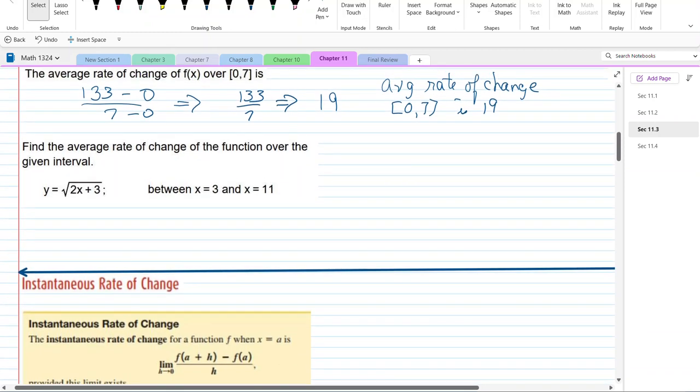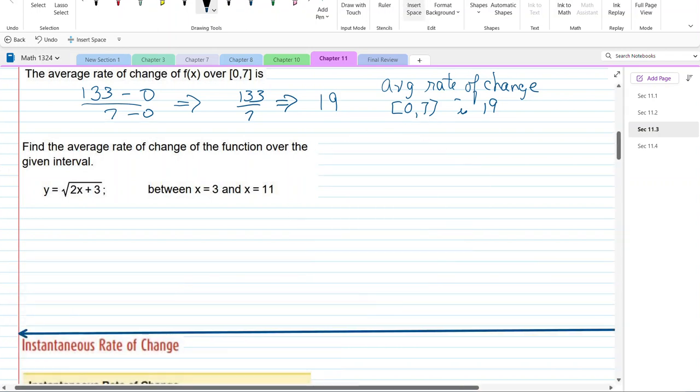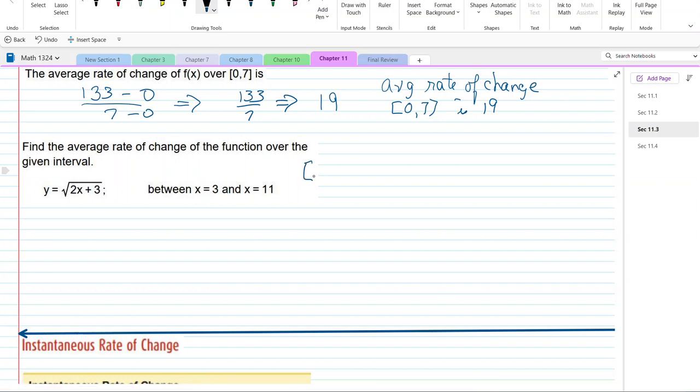So now we want to look at this next one. And in this case, we're looking at a radical. And in this radical, we're saying find the average rate of change of the function over the given interval. Our interval is 3, and it stops at 11. All right. So we want to first find f of 11 and f of 3 in the function.